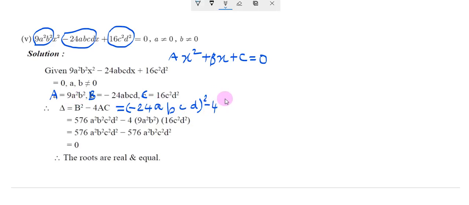What is the a value? It is 9a square b square. The c value is 16 c square d square.